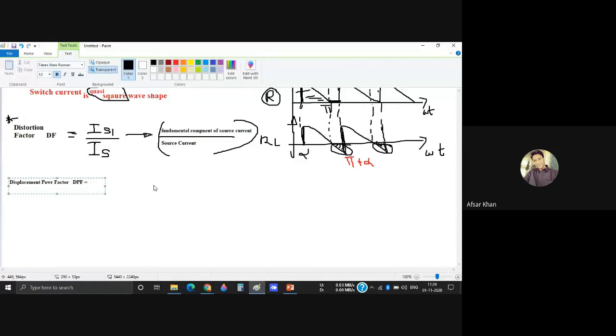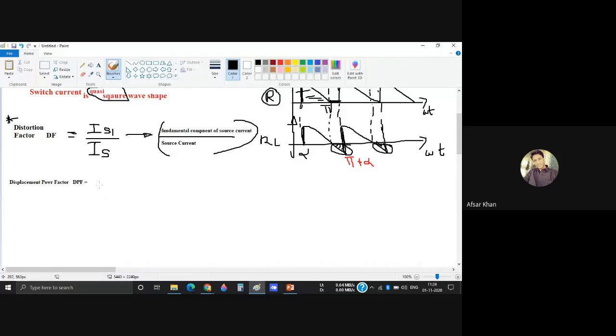It is also called simply displacement factor. We have two formulas for displacement power factor. See here, it is simply cos alpha for RL load.